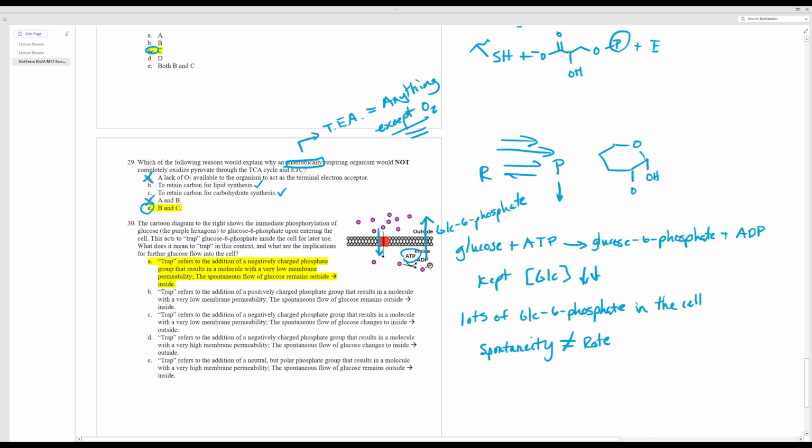If we look at what glucose 6-phosphate looks like, here's our glucose molecule. We have CH2, and a big ol' negatively charged phosphate group attached to it. And remember, he asked you to memorize that ions have very low membrane permeability.